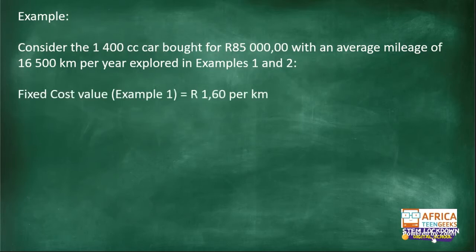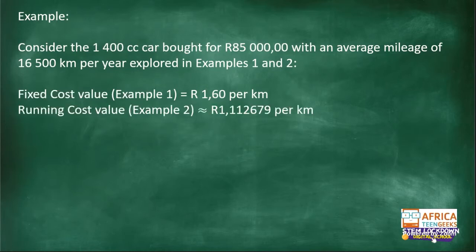Now, the fixed cost value in example 1 will be 1 rand and 60 cents per kilometer. And of course, the running costs, we've already calculated it in example 2, and that is R1.11 per kilometer.